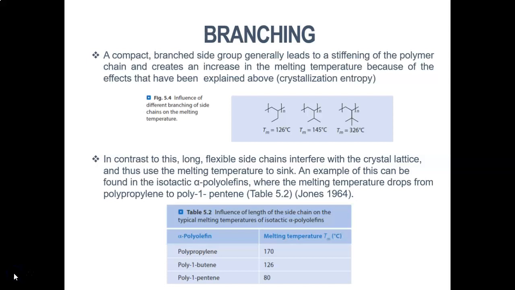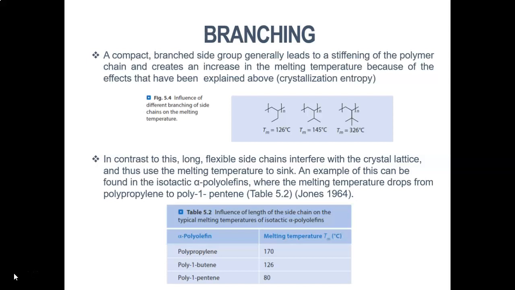Actually, a polymer with more branching will have more chain ends, and if the branching is short branching, it will reduce the Tg, but a different situation will occur depending on the side group of the branching and the amount of the branching.